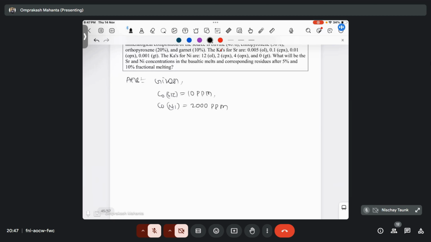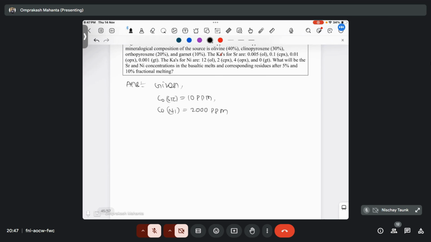So what mineral phases are here? We'll directly calculate the D value, we won't write everything out so it doesn't get so lengthy. It is asking what the Sr and Ni concentrations will be in the basaltic melt, meaning Cl Sr and Cl Ni, and Cs Sr and Cs Ni.